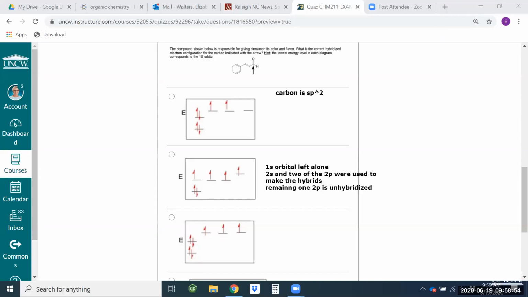Dr. Walters? Yeah. I just had a quick question regarding organic 2. What would be the expected workload? Would it be the same? Are you taking it in summer 2?